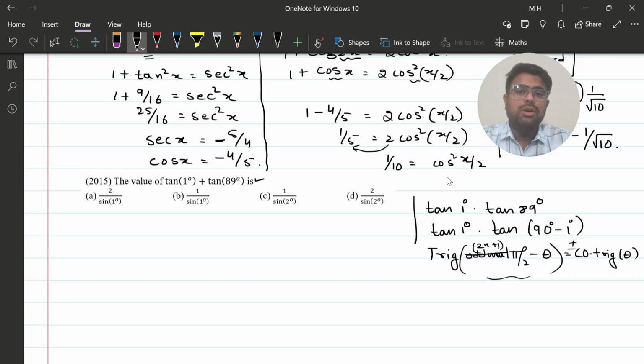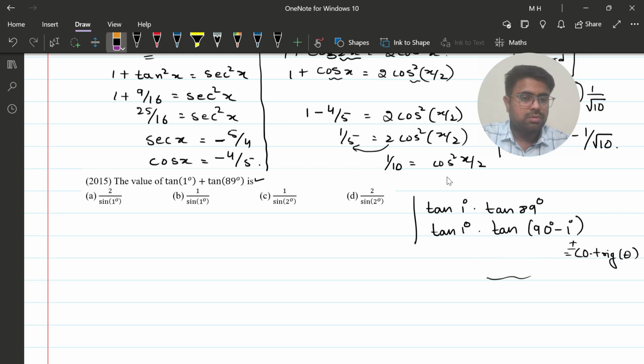But if it is a multiple of pi, then sine remains sine, cos remains cos, any trigonometric function remains the same, and if we check the quadrant, we will get to know the sign of it. That's all. So if it is a multiple of pi, the function stays the same, but if it is an odd multiple of pi by 2, it changes to its co-function. That's one thing I wanted to explain here. So 1 and 89 here are complementary angles.